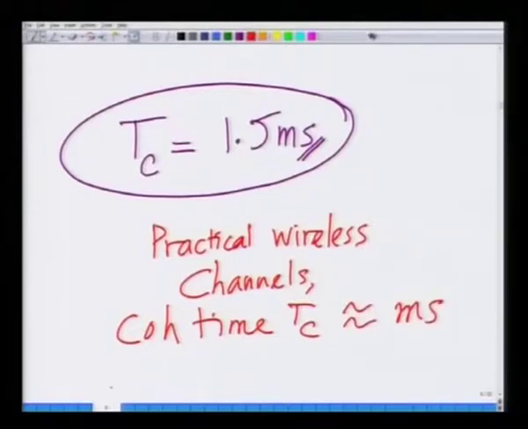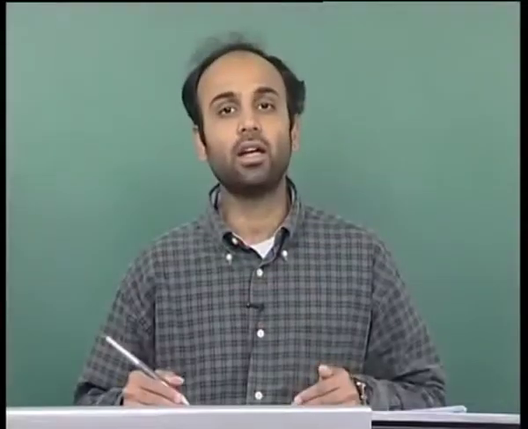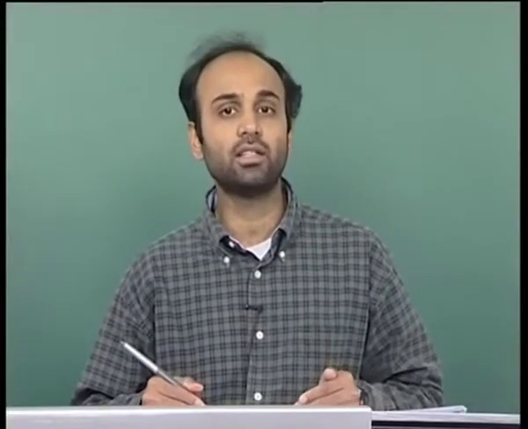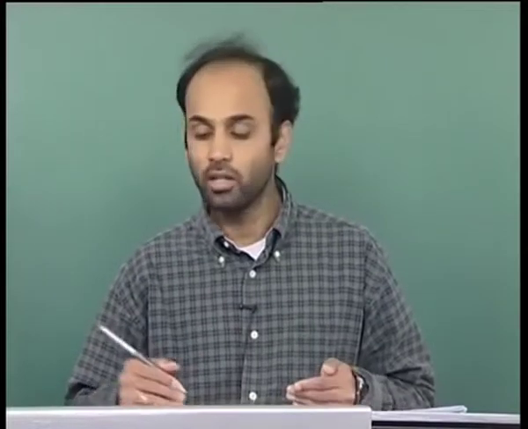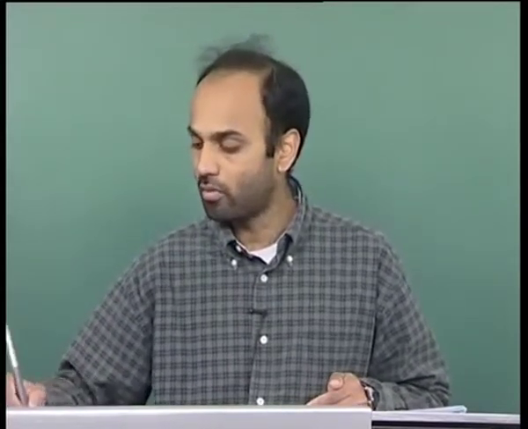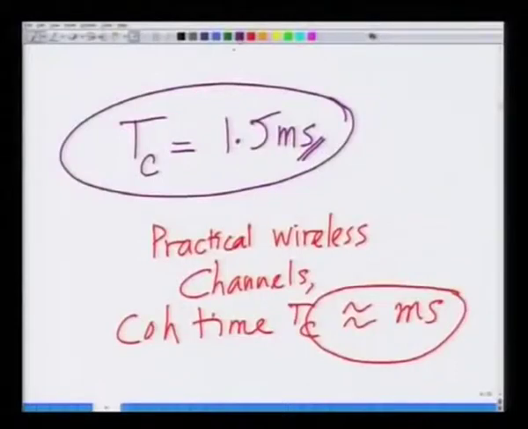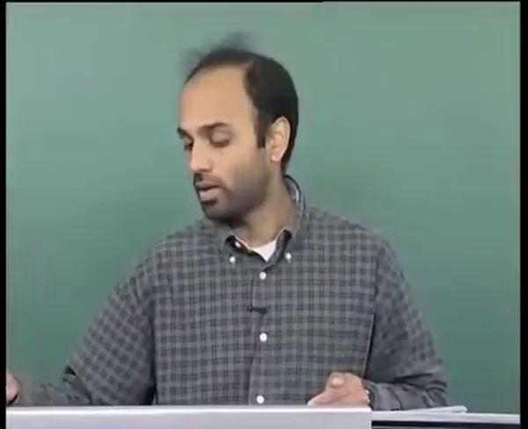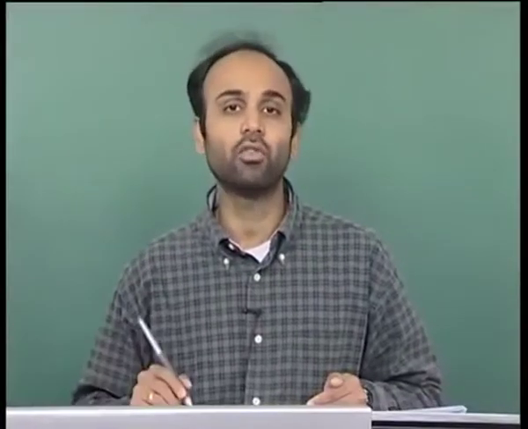Just like we said, in practical outdoor wireless channels, delay spreads are approximately of microsecond duration. Coherence time, which is another important parameter related to how fast the channel is varying, is roughly of the order of milliseconds. So, these are two important quantities that one needs to remember. One is the delay spread, which is microseconds, and one is the coherence time, which is of the order of milliseconds.